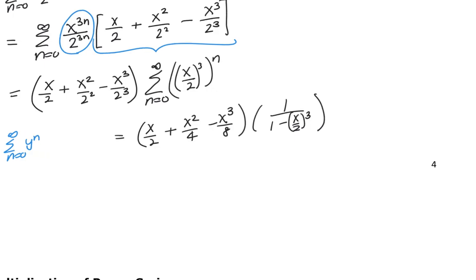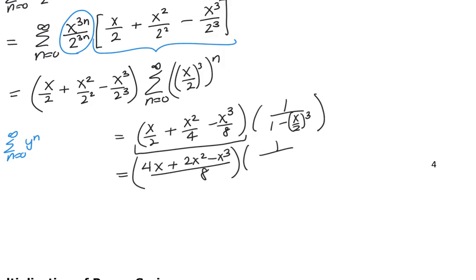All right, so cleaning up this grouping into a single fraction, I am going to get 4x plus 2x squared minus x to the 3rd all over 8, over 1 minus x to the 3rd over 8.